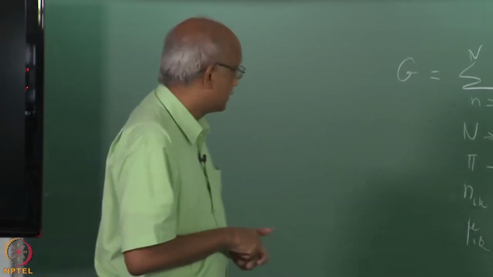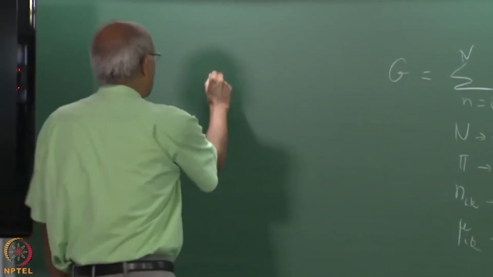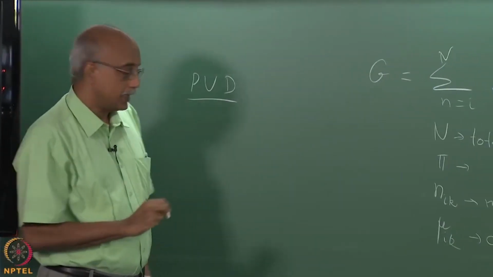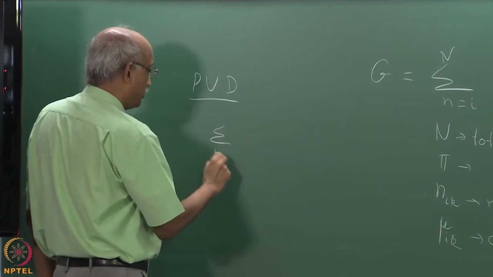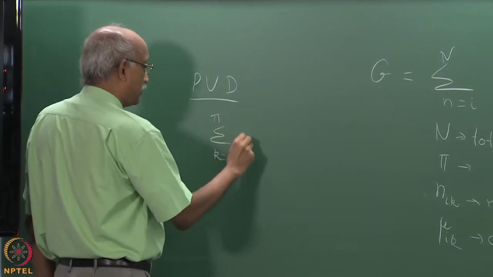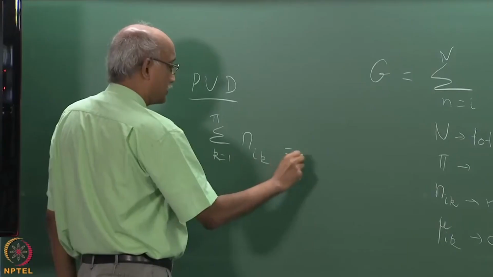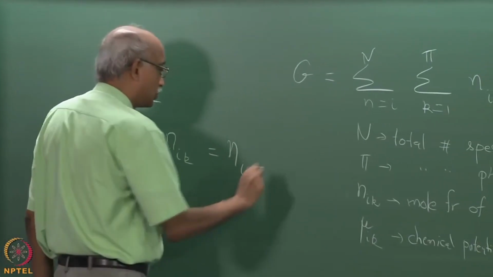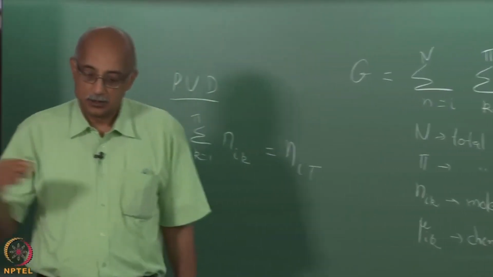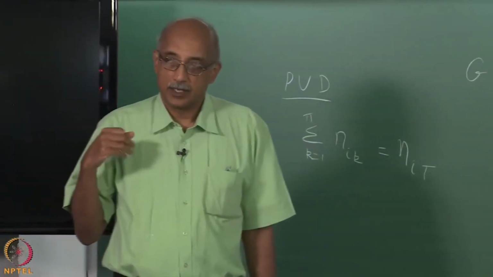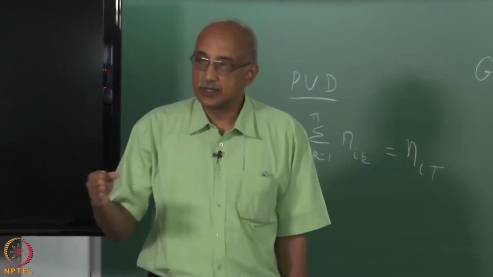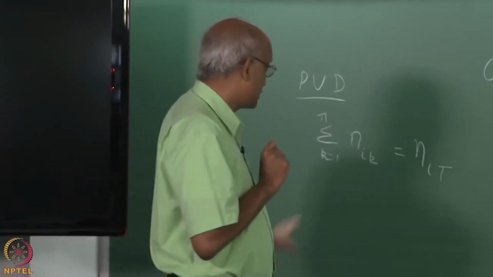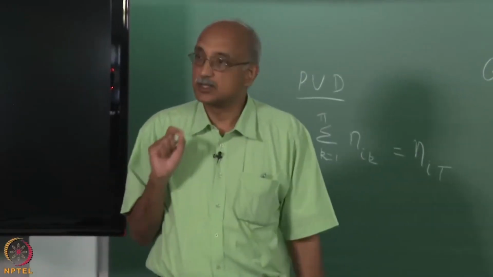So, in that case, the imposition of the mass constraint would simply say that the summation of k equals 1 to pi of n_ik must be equal to n_i total, which is the amount of species i that has been fed to the reactor through the feed stream, right. So, the mass constraint is just placed on the species.